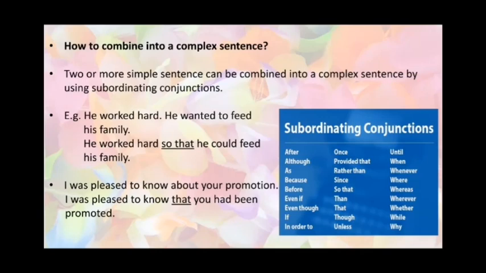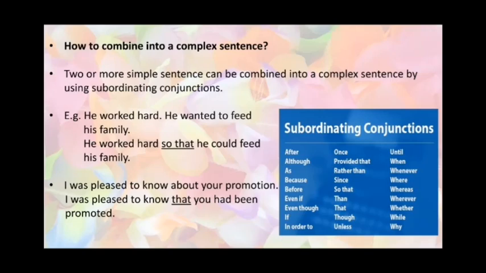For example, he worked hard. He wanted to feed his family. Similarly, as we did in the compound sentence, in this also we have to join the sentences meaningfully by using a subordinating conjunction. So, he worked hard so that he could feed his family.